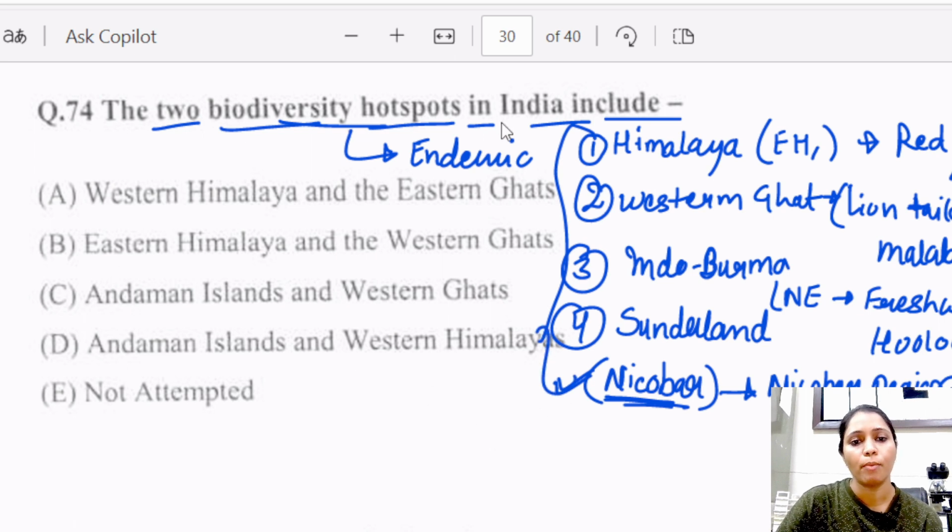If we talk about the biodiversity hotspots of India, in this option, Eastern Himalaya and Western Ghats is the correct answer.